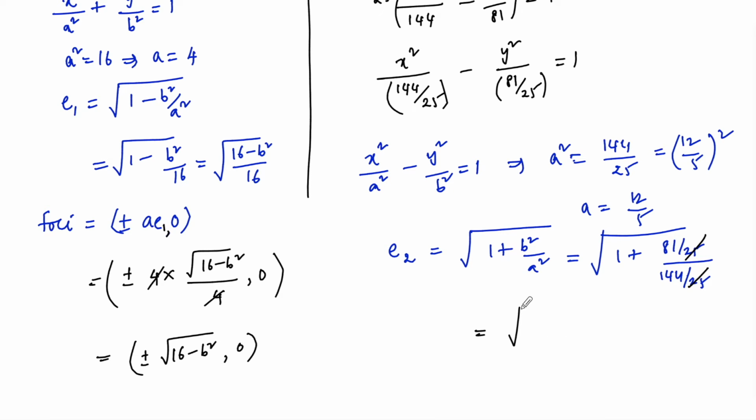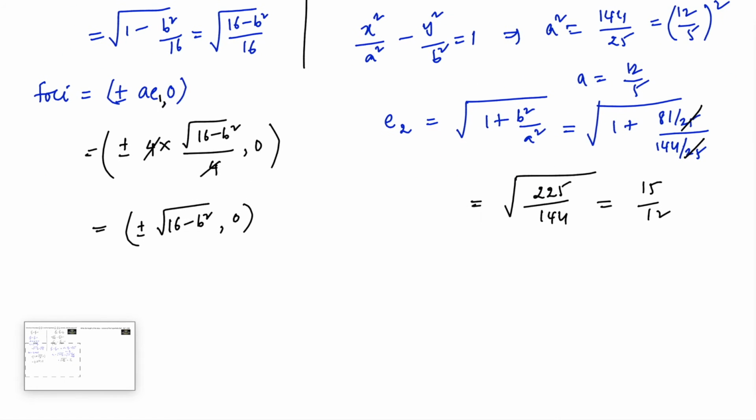So we have under root of 144 plus 81, that is 225, divided by 144, which is 15 upon 12. So eccentricity e2 is equal to 15 upon 12, or we can cancel 3 5 times and 3 4s are, this is 5 by 4.